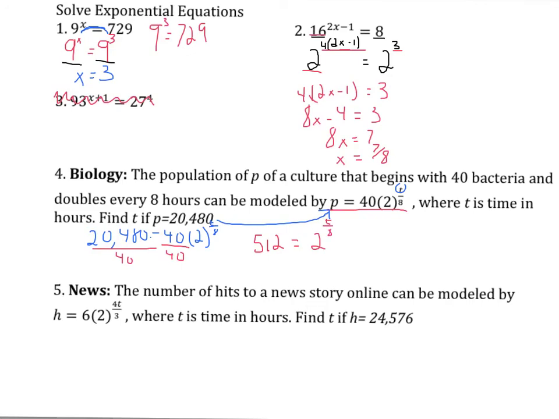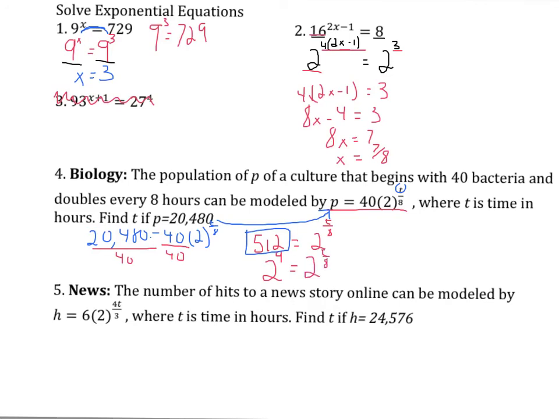If I divide 512, we can break it down and keep breaking it down until we get that 512 can be re-expressed as base 2 to the 9th. All I did here was rewrite 512 in a different way, which is 2 to the 9th. If I did 2 to the 9th, I would get 512. That way we have the same base on both sides.